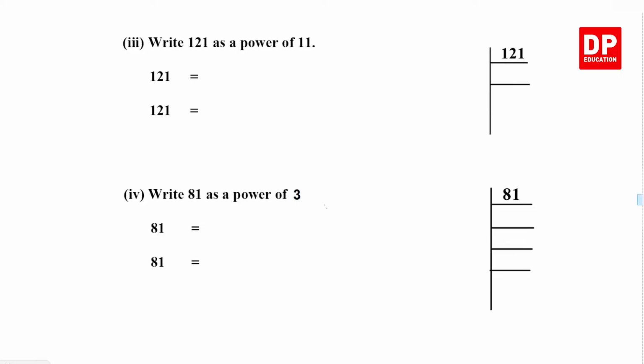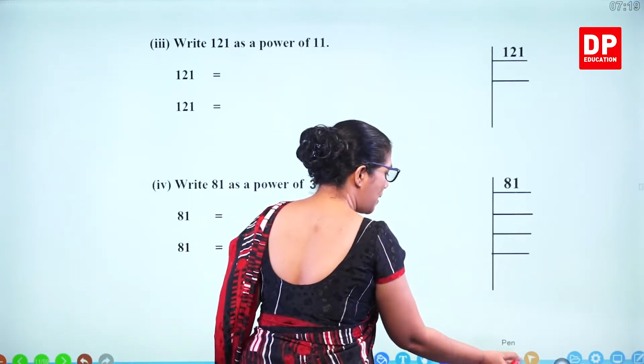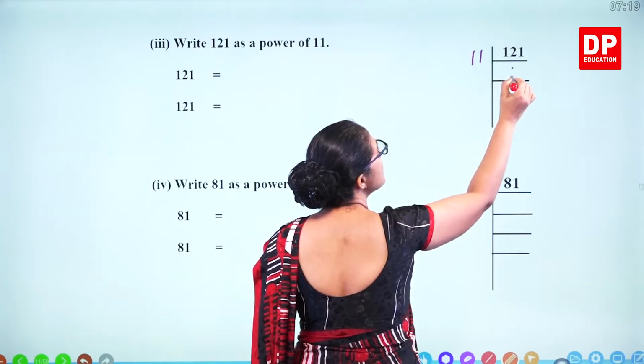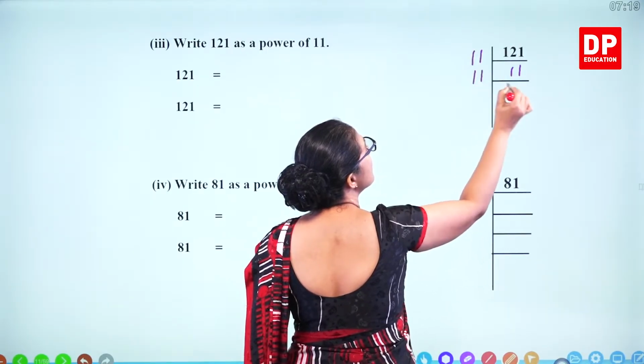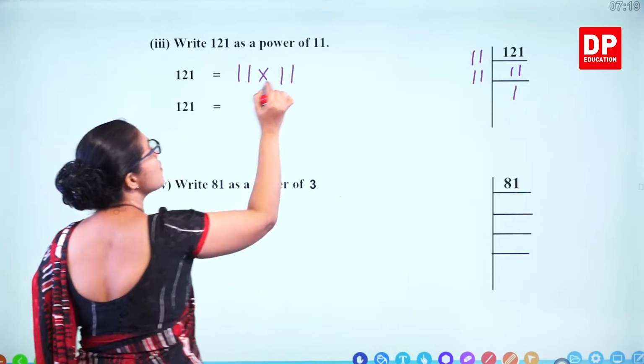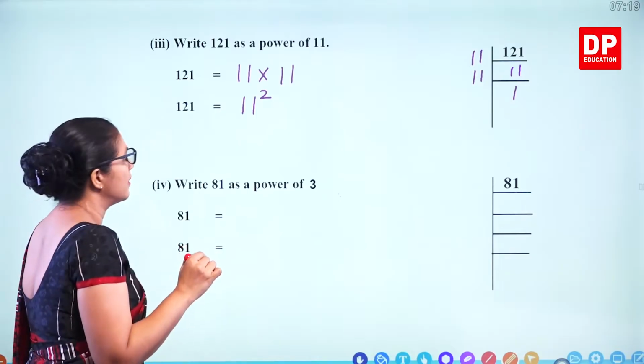Look at this one. Write 121 as a power of 11. So take 121 and divide by 11. 11 times 11 and 1. So you get 11 twice. So you can write this as 11 squared.